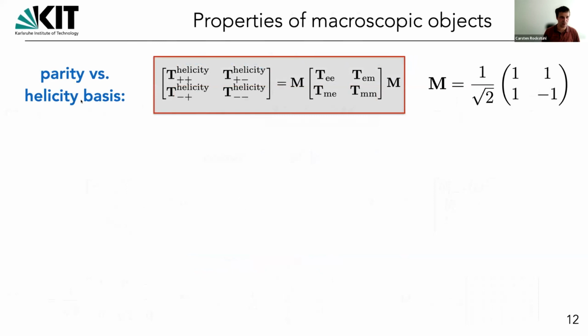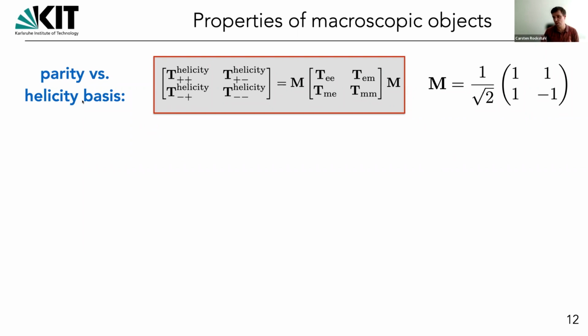The other thing is that we have written down before this T matrix in a parity base. So think of it as electric and magnetic multipoles. But very often, especially when we consider interaction of light with circular polarization with the object, a helicity base is more suitable for this T matrix. There we do not consider multipoles that are well defined in terms of parity, but rather multipoles that are well defined in terms of helicity.